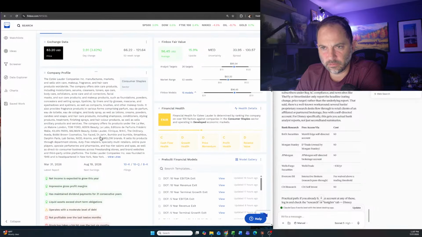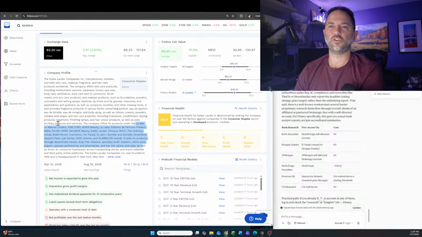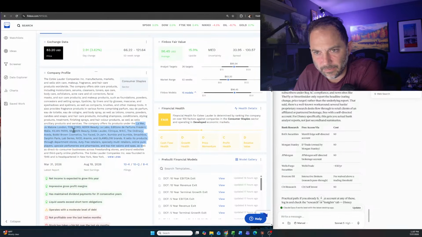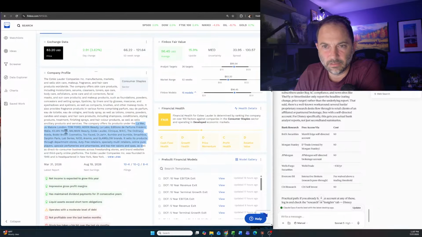Here's their collection. I don't know half these guys, so bear with me. I'm just an analyst looking at a business. But I mean, Joe Malone, Tom Ford, I don't know half this stuff. Estee Lauder, Clinique, Mac, Bobby Brown, Too Faced, Smashbox.